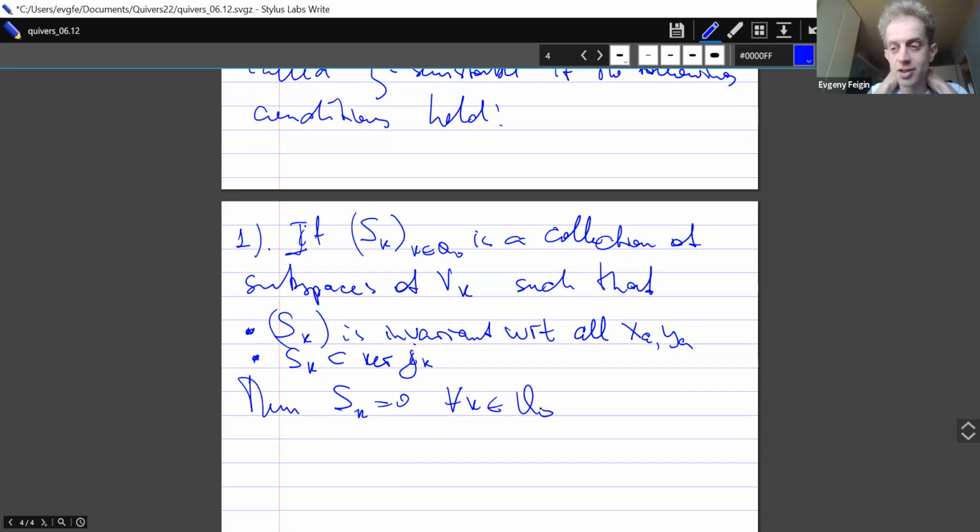It says that if you are given a collection of subspaces of Vk, one subspace for each vertex, such that those are in the kernel of jk, meaning the restriction of jk to sk is 0, and sk is invariant with respect to xa and ya, then you have no such collection except for the trivial one.